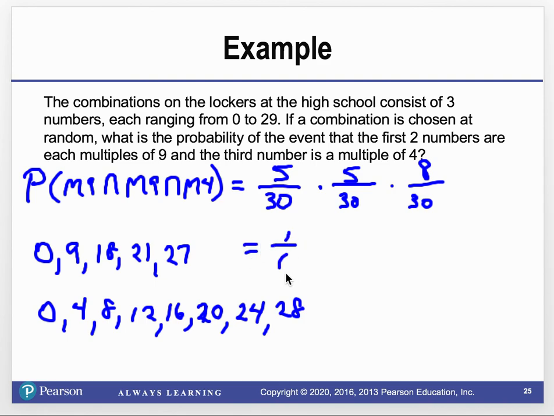So what's that? 1/6 times 1/6 times 4/15ths. So that's 4 out of 540.